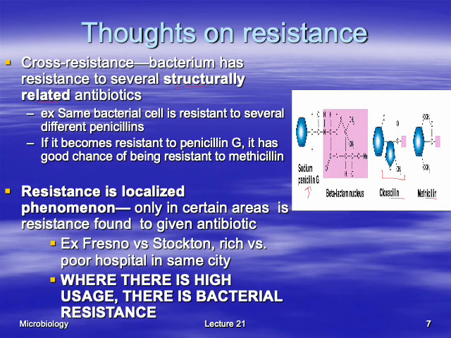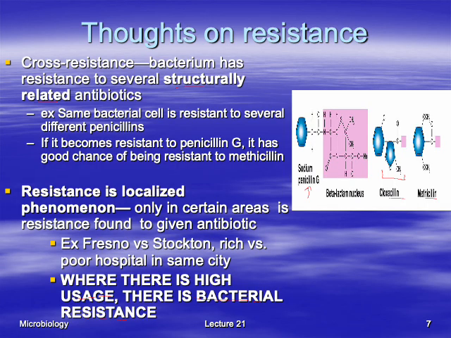Same is true in rich versus poor hospitals in the same city. In the rich hospital, I bet you'll find a lot more bacteria that are resistant to certain antibiotics than in a poor hospital. So actually the poor hospital is better in terms of not having resistant bacteria. Why? Where there's a high usage of an antibiotic, there's going to be bacterial resistance.